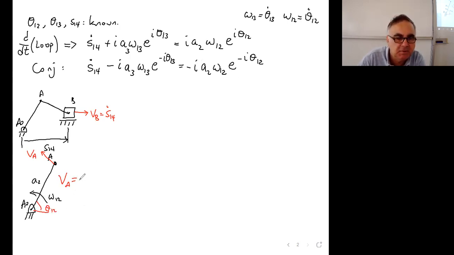It will be A2 omega 1 2. This is the magnitude, I e to the I theta 1 2. Okay, this is the magnitude, and this is the unit vector.